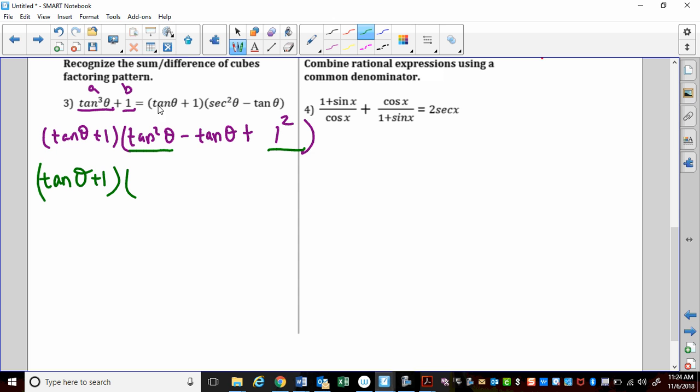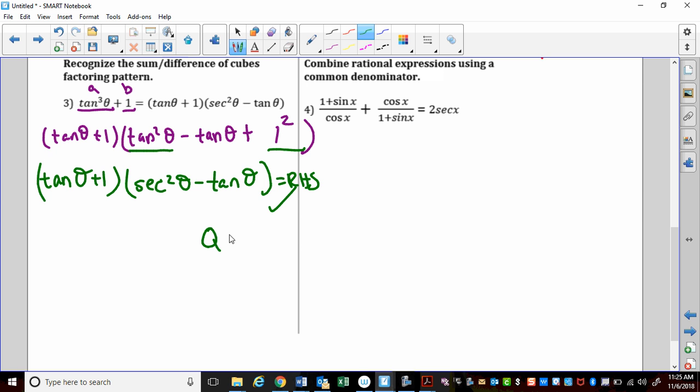I think they want us to write the secant squared first. So secant squared theta minus this, we still have tangent of theta. And then that looks like the right-hand side. I can't rewrite the whole right-hand side. It's not enough room. So we're done.